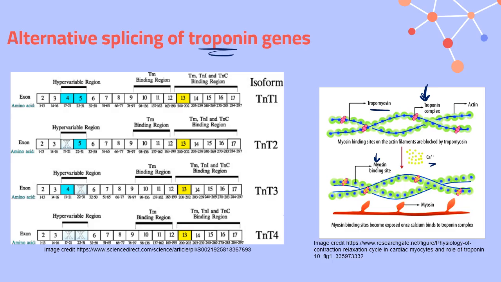This troponin gene, this single gene, can result in the production of different kinds of troponin, the troponin that we need in fetal development, the troponin that we need when we're adults. And so this alternative splicing of troponin leads to different kinds of troponin protein that allows for our heart muscle to contract in different ways as we develop from fetus to infant to adult.